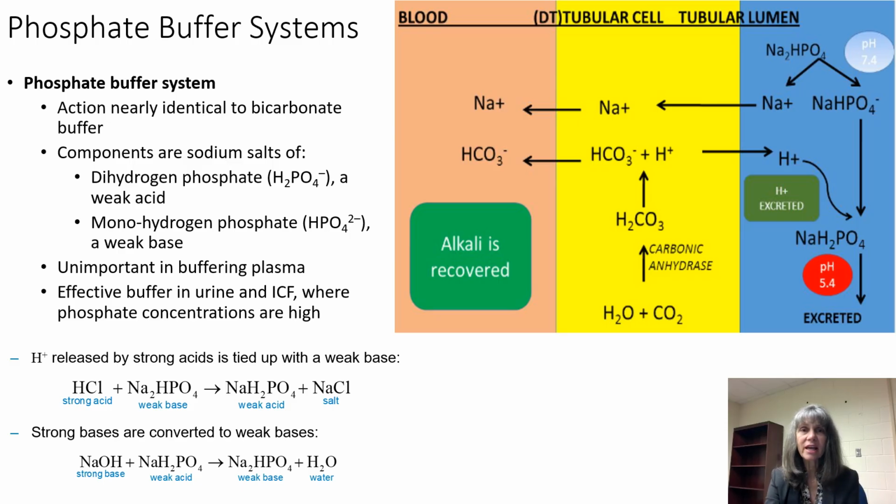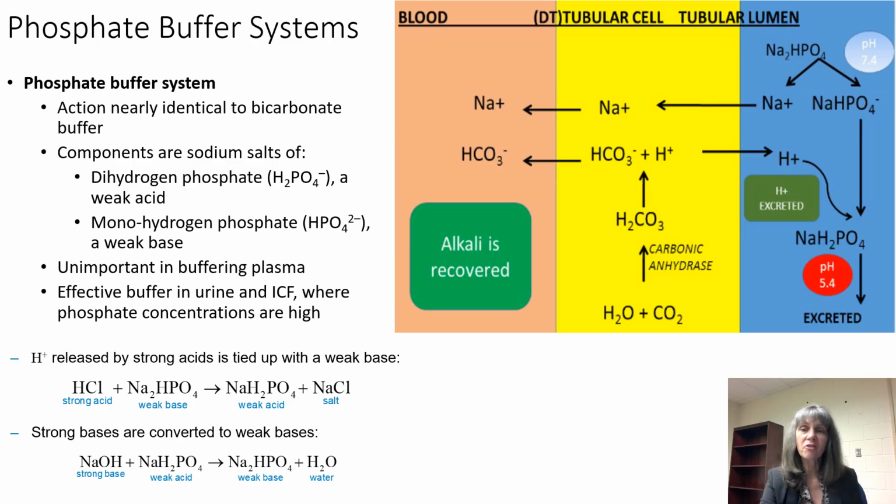Now, when we look at this particular slide, we see the plasma on the far left, and the middle column is where we have the tubular cell, and to the right of that we have the lumen of the tubule.